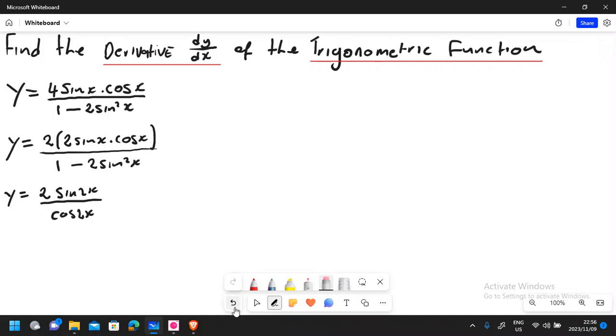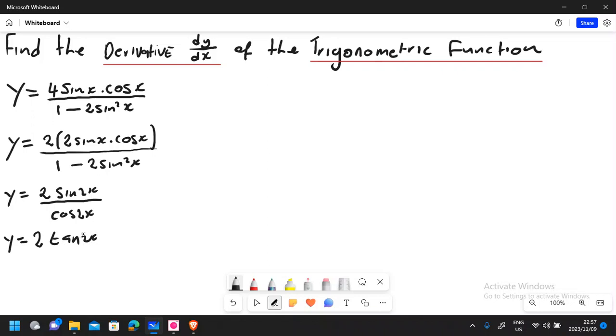All right, now since we have the following, we know that sine over cos is going to give us tan. So we have 2 here, and then we have the quotient identity, so that is going to be tan 2x.